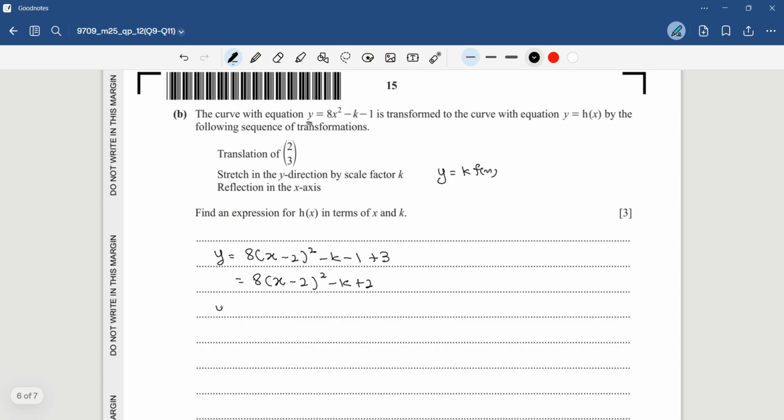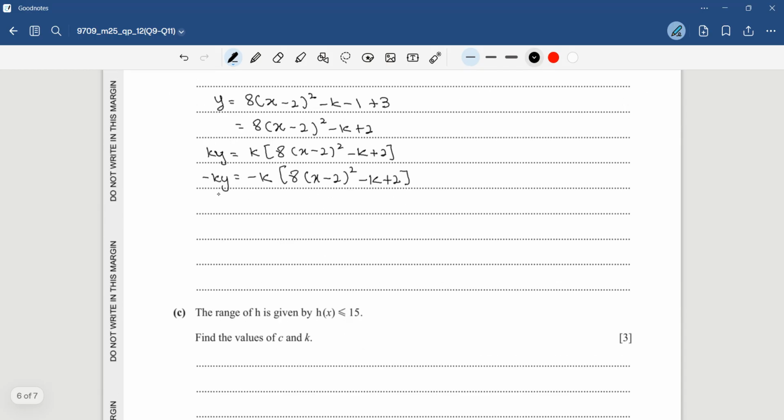So y is k multiplied with 8(x minus 2) squared minus k plus 2, and then reflected on the x-axis, so y equals negative k f(x).